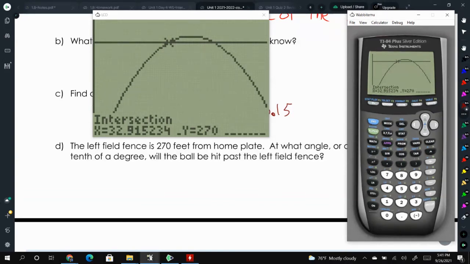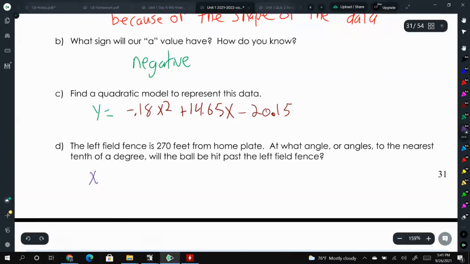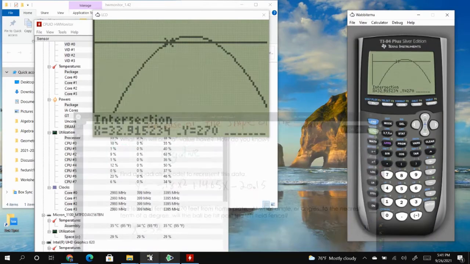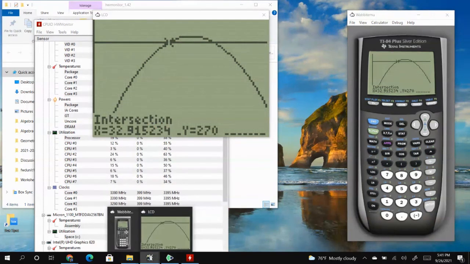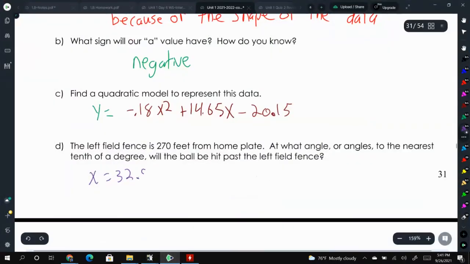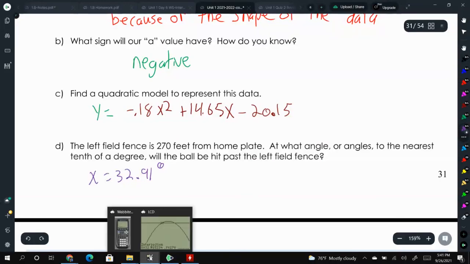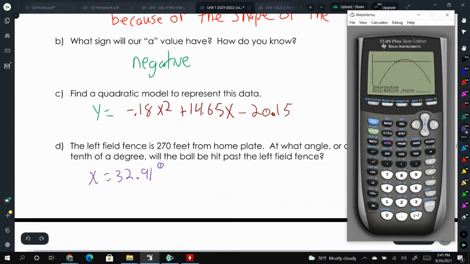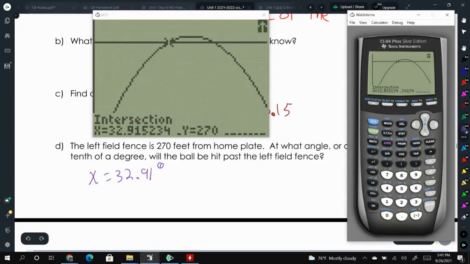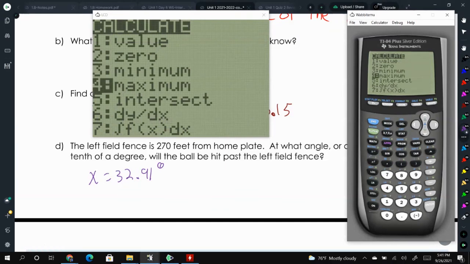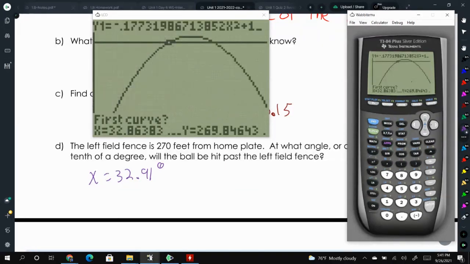So that's one of our answers, because you see we have two intersection points. So x equals 32.91 degrees. And now to find the other one, do the same thing, but we're going to move over to the next intersection point.